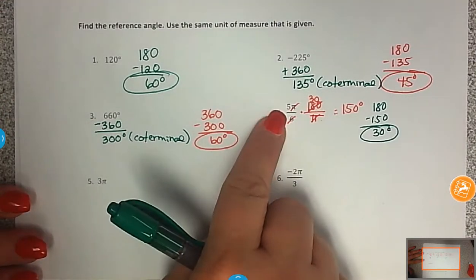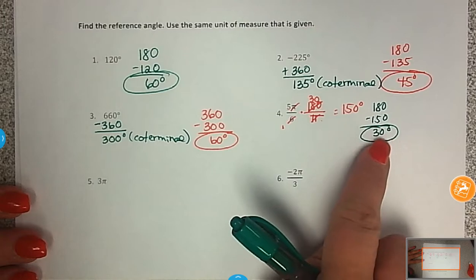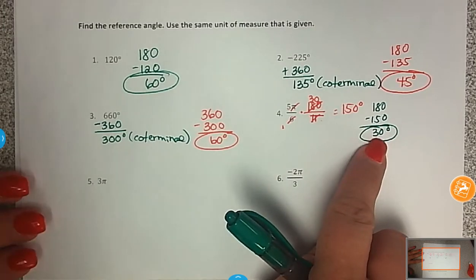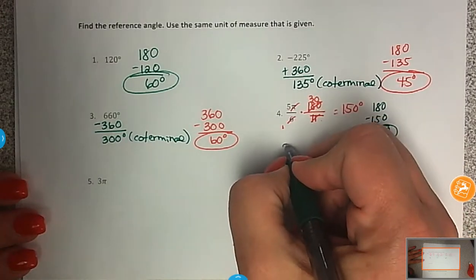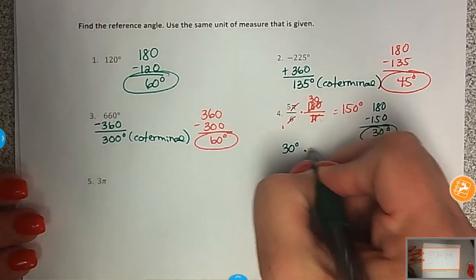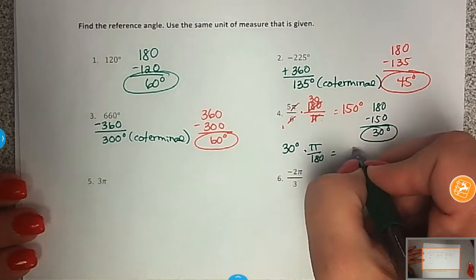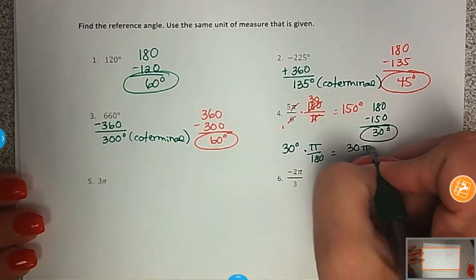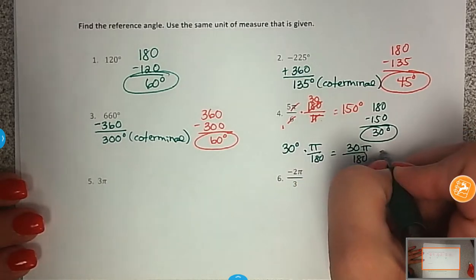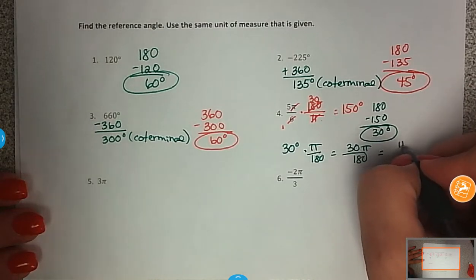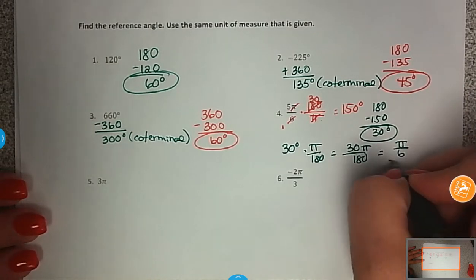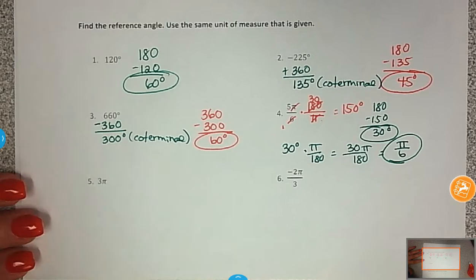But because I started out in radians, I've got to convert my degree measure back to radians. So I'm going to take my 30 degrees times pi over 180, which gives me 30 pi over 180, reduced will give me pi over 6. That is my reference angle in radian measure.